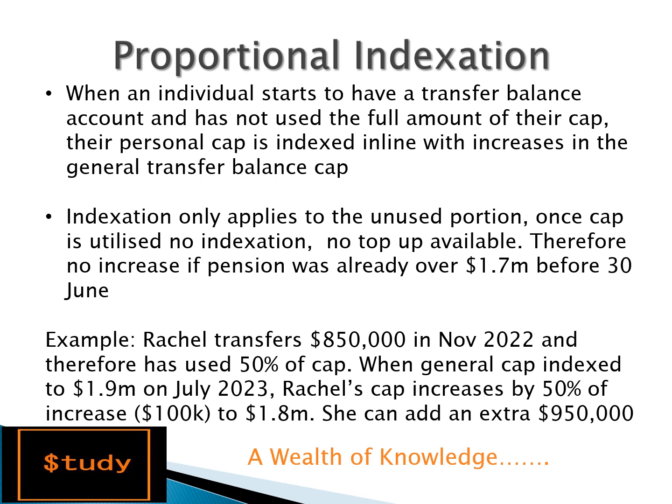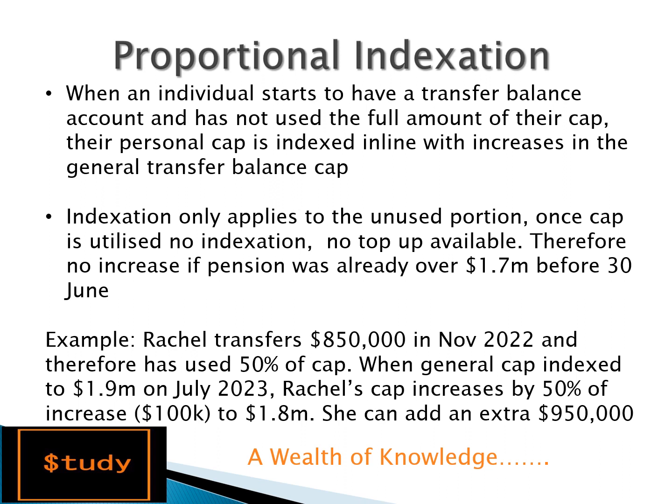Why? Because it's proportioned. The indexation for you only applies to the unused portion. Once that cap is used all up, there is no increase. So let's imagine you've got exactly $1.9 million put into your pension account.